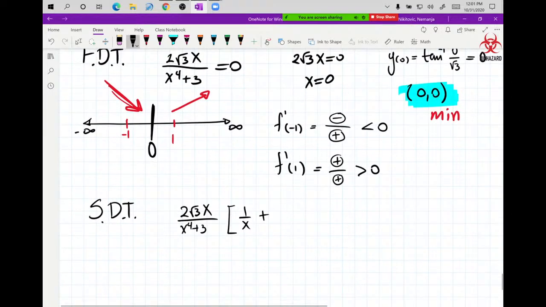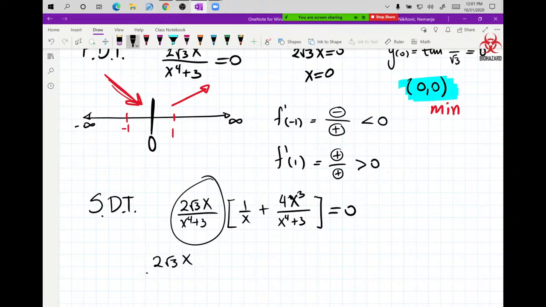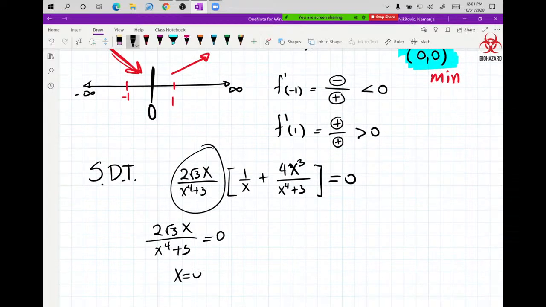What was that? 4x cubed over x to the 4 plus 3 equals 0. The reason why I love it is because it's factored, and I can just say this equal to 0. And that spits out the same 0 as before.